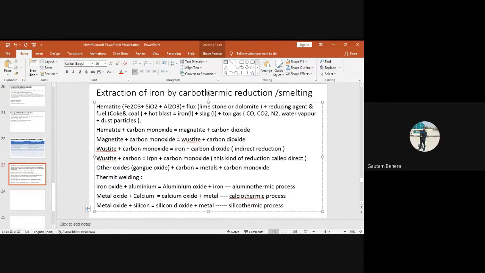So this is actually solid carbon. I can write solid directly if you have any confusion. And these are actually gas, right?